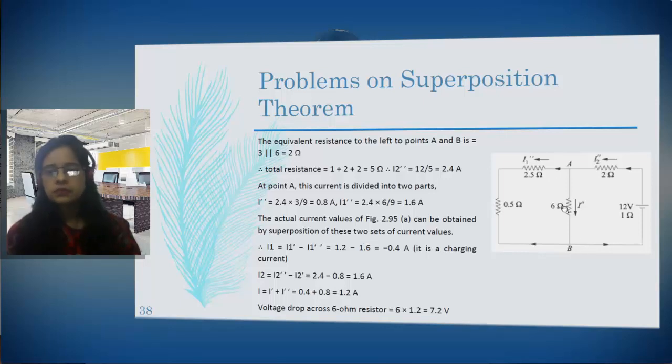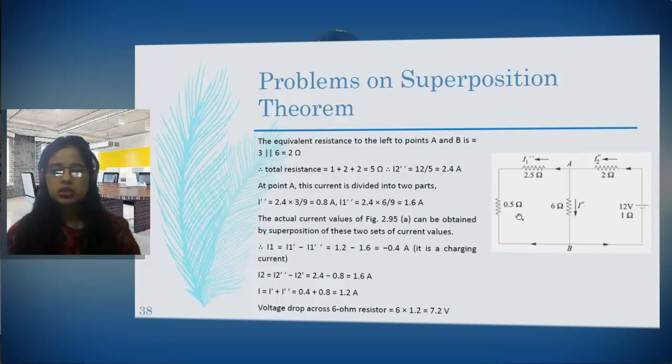Again, this branch and this branch are connected in parallel, so the current will be divided among these two branches. So we can apply the current divider rule and find out the current. Now this I2 current will be divided. If I am finding out I double dash, then the total current, that is I2 double dash, 2.4, into the opposite resistance.